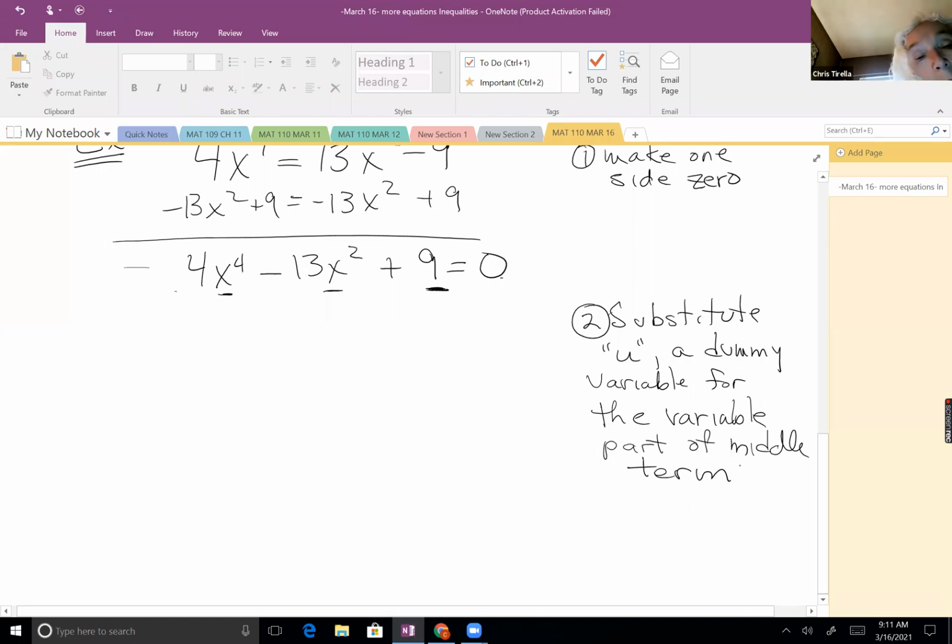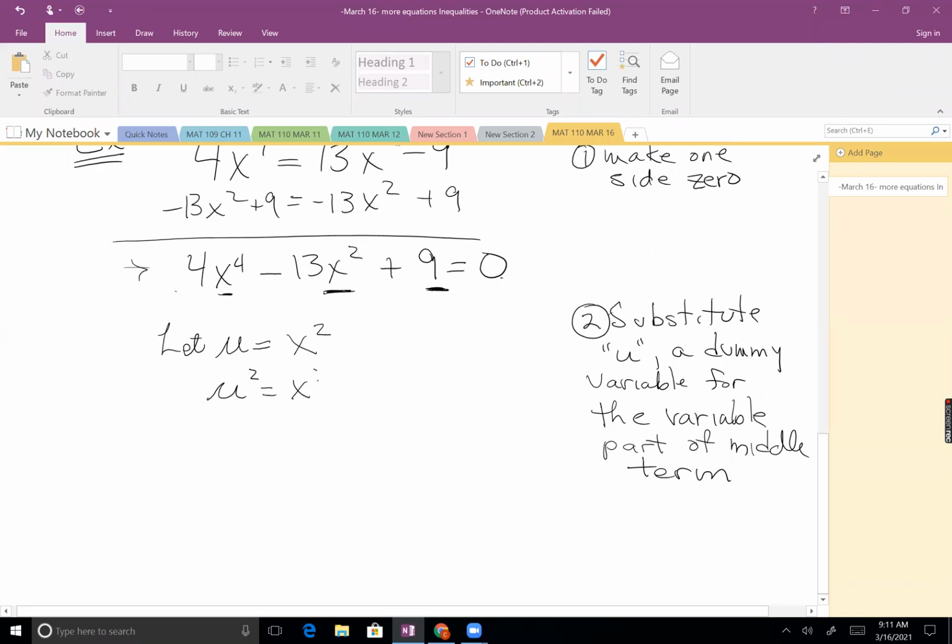So we're going to define this new variable. I'm going to say let u equal, and the variable part of the middle term is x squared. And now if u is x squared, u squared would be x squared squared would be x to the fourth.